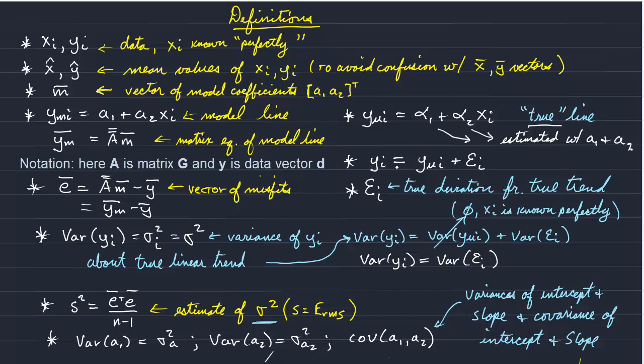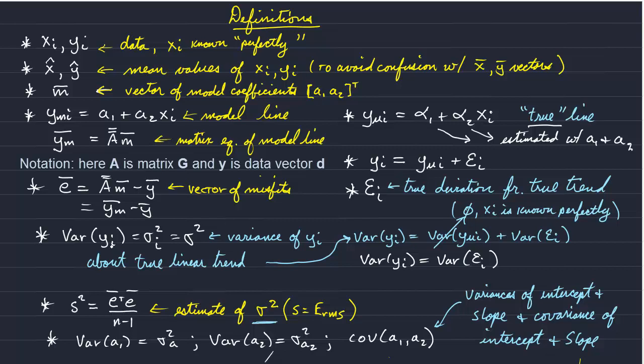So our data is the sum of this true line plus everything else, all the natural processes or errors in our measurements that are not related to the true linear trend. And this is our noise, our deviation from the true linear trend.